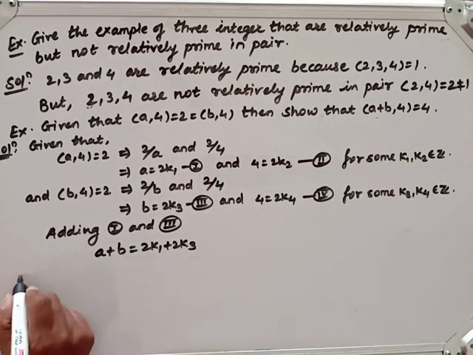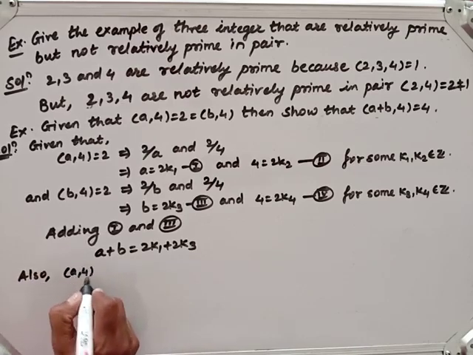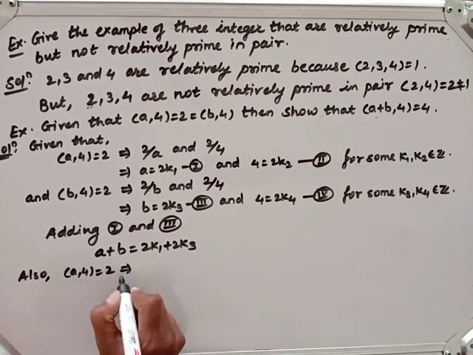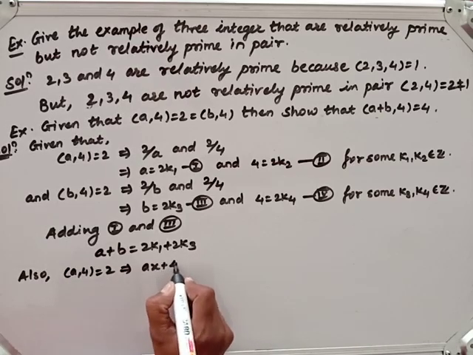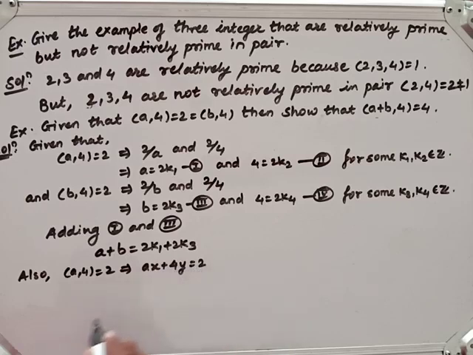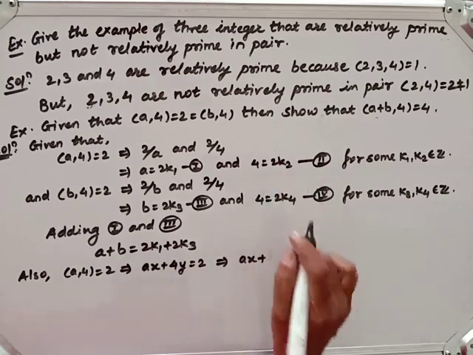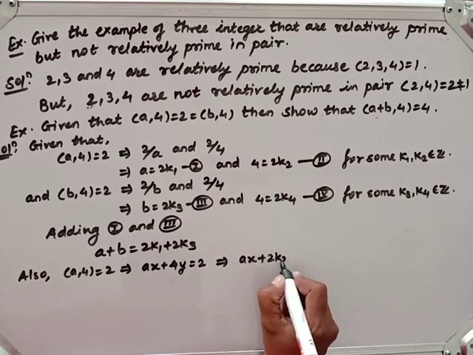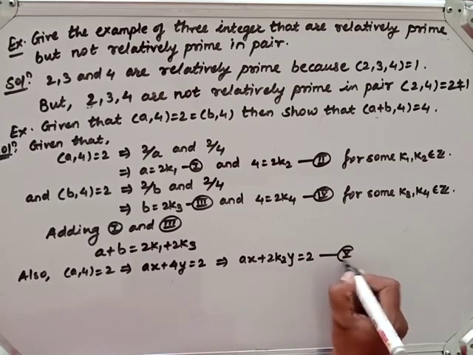Now also, GCD of a and 4 is 2. So by the existence theorem, we get ax plus 4y is equal to 2. This can be written, with 4 as 2k2, as ax plus 2k2y is equal to 2. Call it equation number 5.